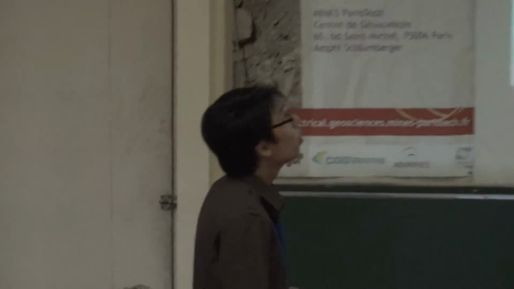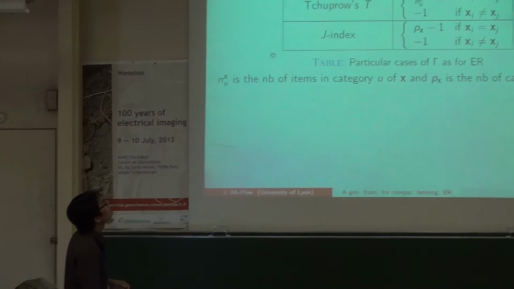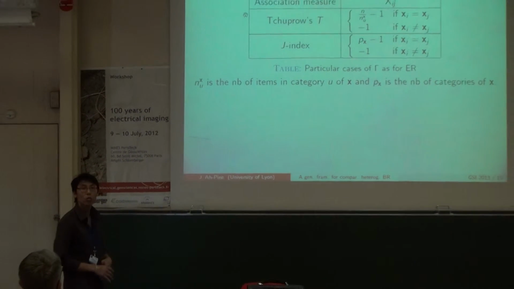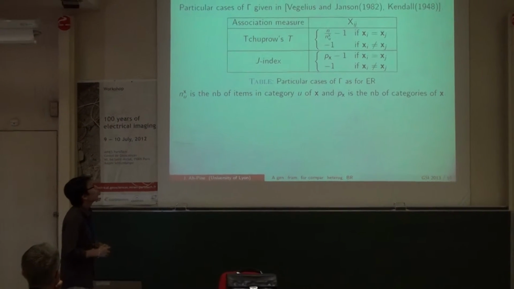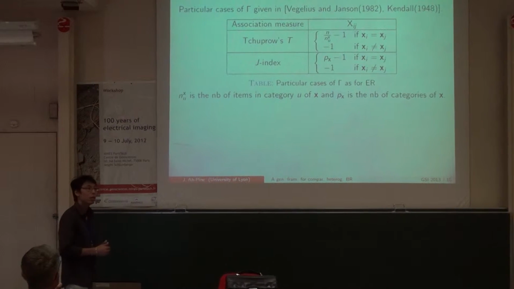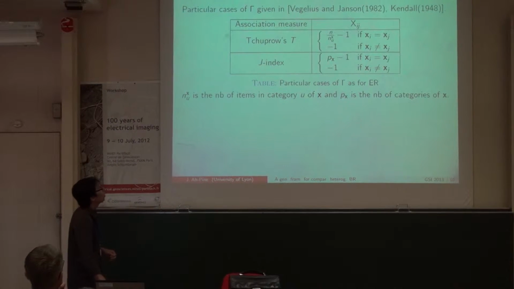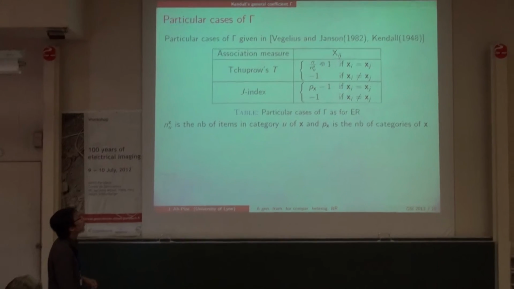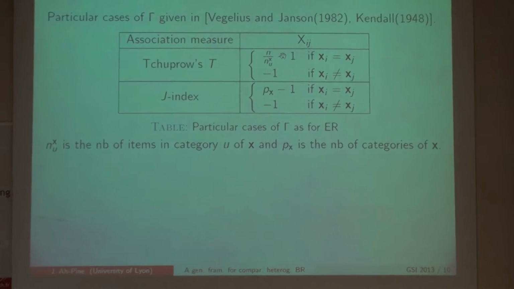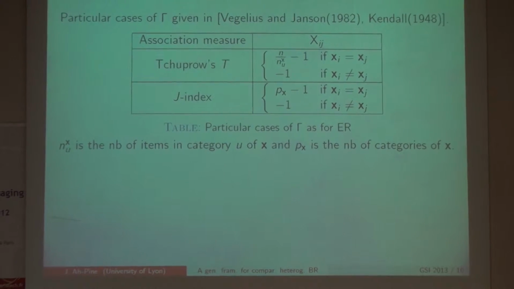As for equivalence relations, it is Bejevius and Johnson who proved those results. Typically using gamma, if we define straight x like this, we get Chuprow's T coefficient, which is related to the chi-square coefficient.